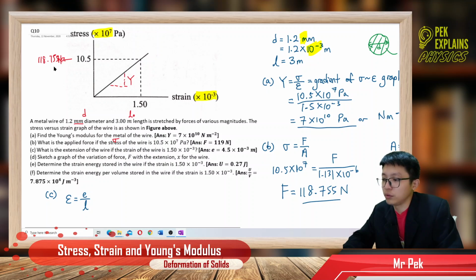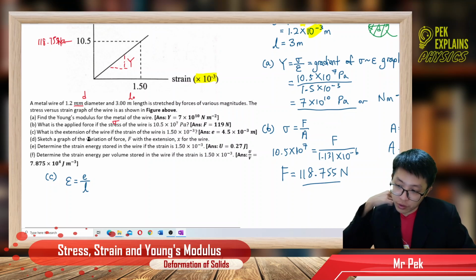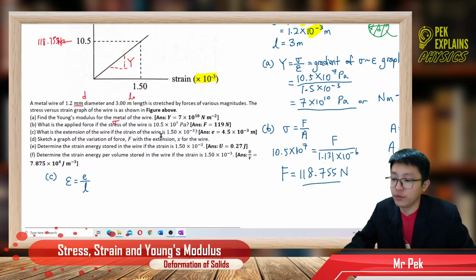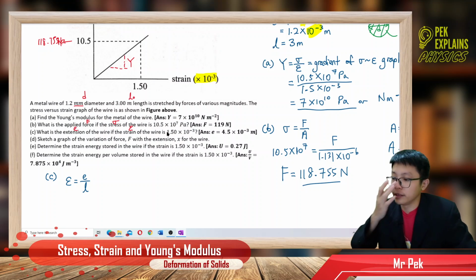Now, what is the extension of the wire if the strain of the wire is 1.5 exponent negative 3? That means this strain. Just now I was asked to find force, now he asks to find extension.